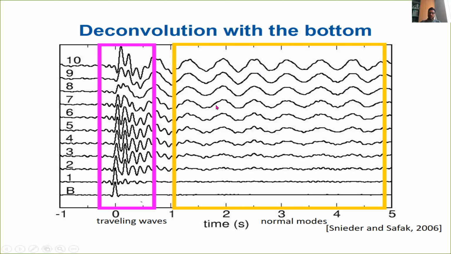Then here we have a part where we have an oscillation that is strongly related to the normal modes of the structure. You see that all these oscillations are in phase. So this large oscillation has the same frequency, different amplitude while we are going up, and is all in phase.